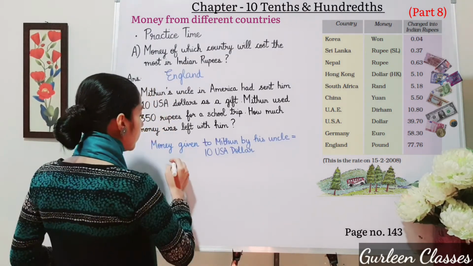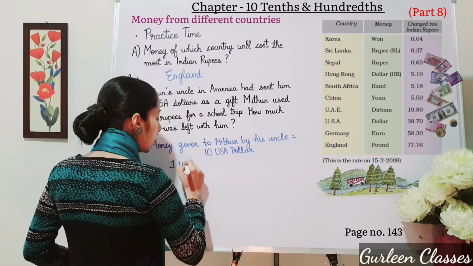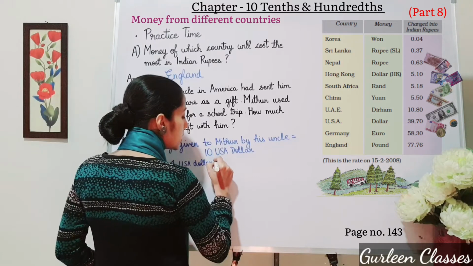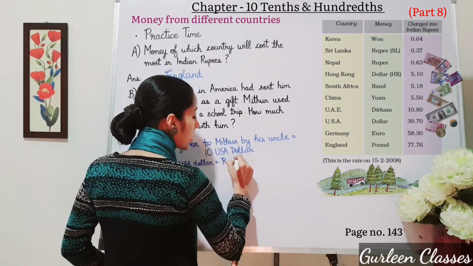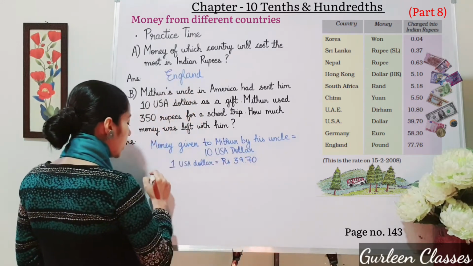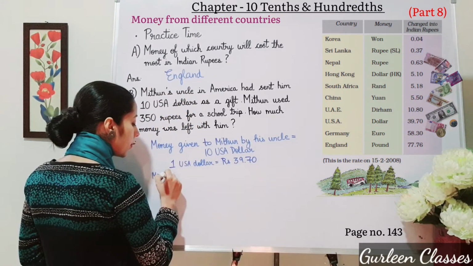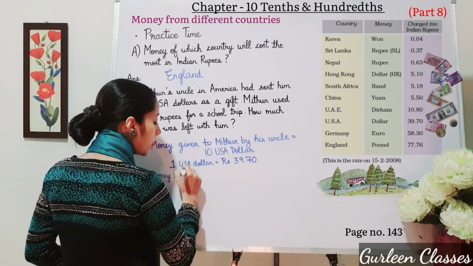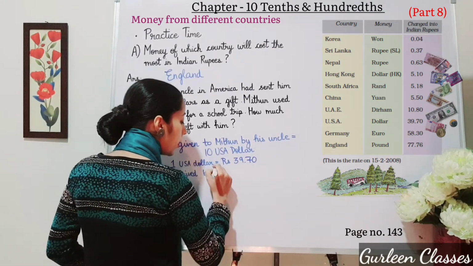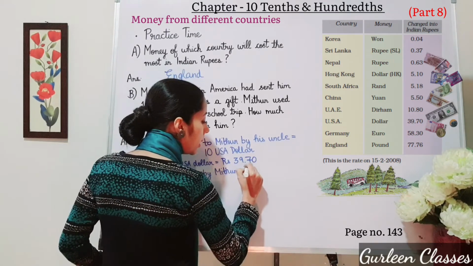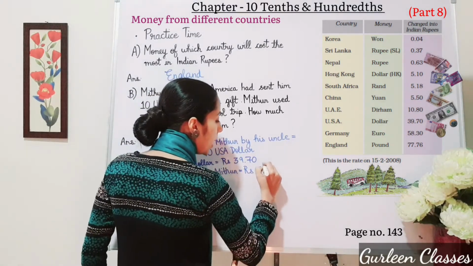So right here, 1 USA dollar is equal to rupees 39.70. Now right here, money received by Mithun, we will multiply 10 by 39.70.